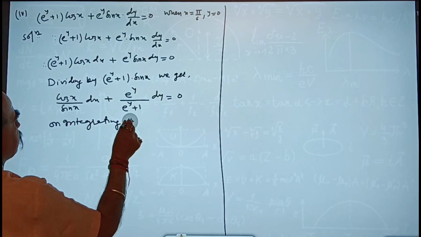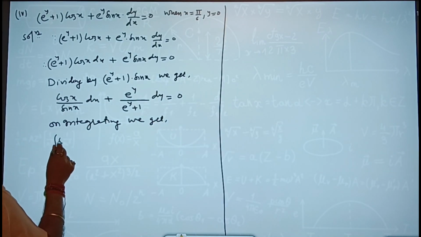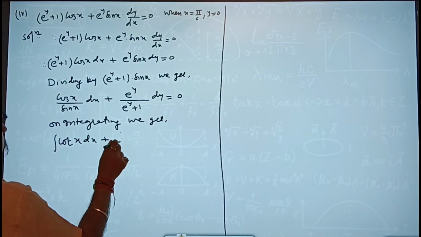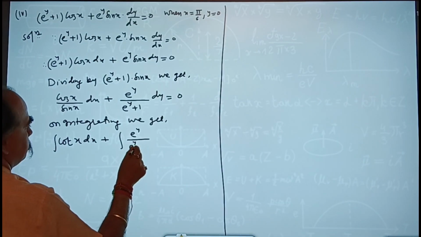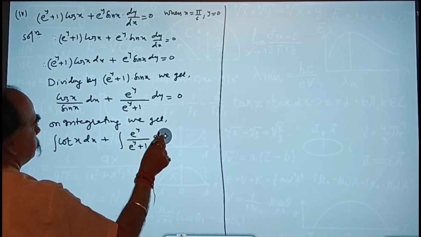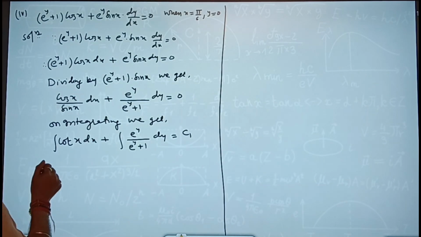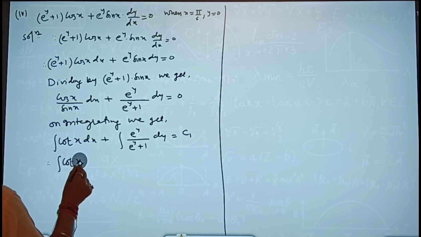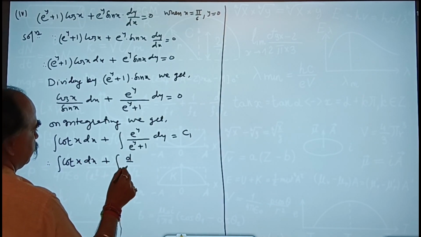On integrating we get C1, integral cot x dx plus integral of e raised to y upon e raised to y plus 1 dy. Numerator is what?